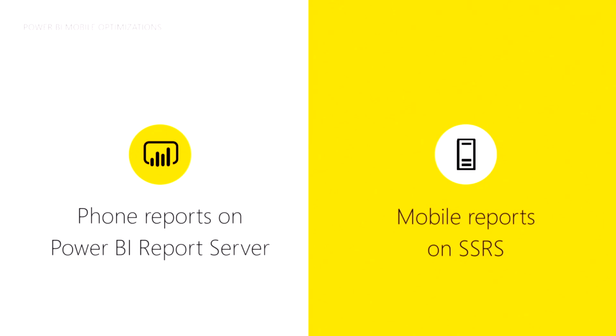You were able to define them on the server to create them, and it was possible to arrange the tiles there to make them fit the phone perfectly. And then when you consumed it on the mobile device, you would see that the tiles were ordered exactly the same way that you defined for the mobile layout, which was different from the way that you saw it on the server itself when you were using the portal.